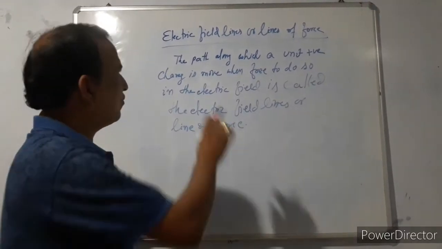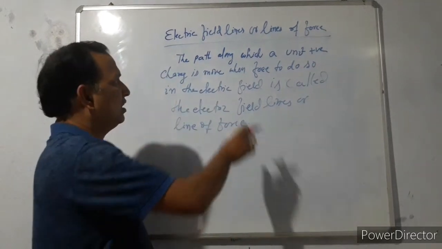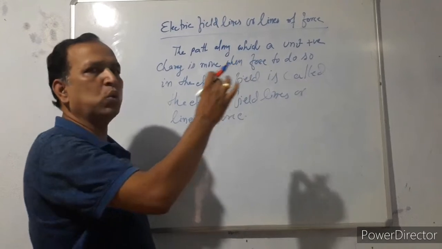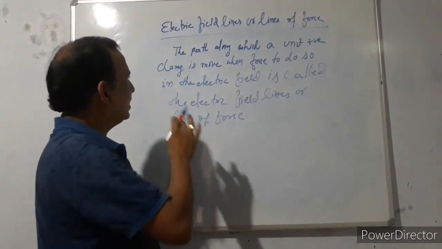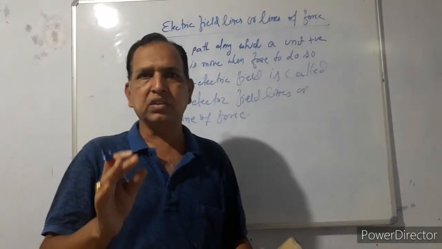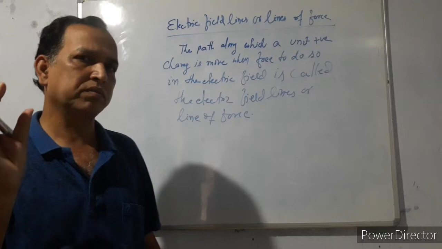Clear? That means the path along which a unit positive charge is moved when free to do so in the electric field is called electric field lines or lines of force.